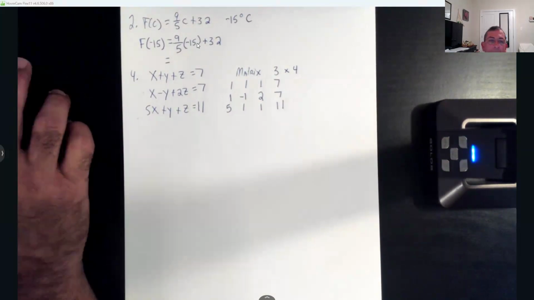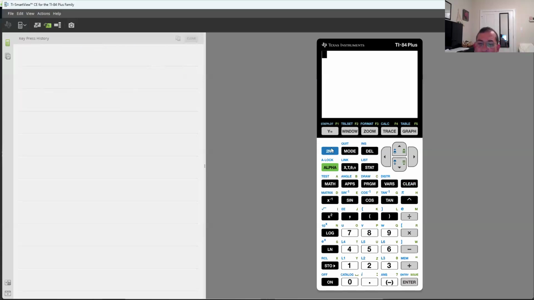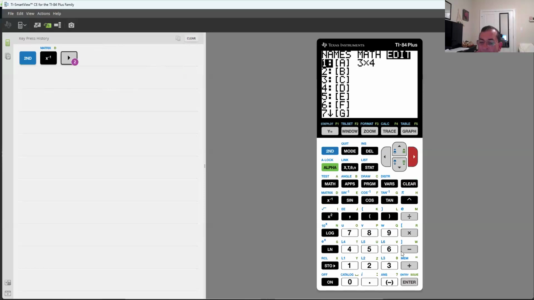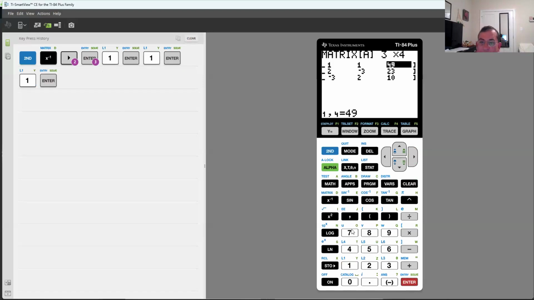I just want to clear everything out. So to get the matrix, you hit second, x negative 1, arrow right to edit, and hit enter. Now mine's already got a 3 and a 4 there. So all I got to do is put in all my numbers. So I had a 1, enter, 1, enter, 1, enter, and a 7, enter.